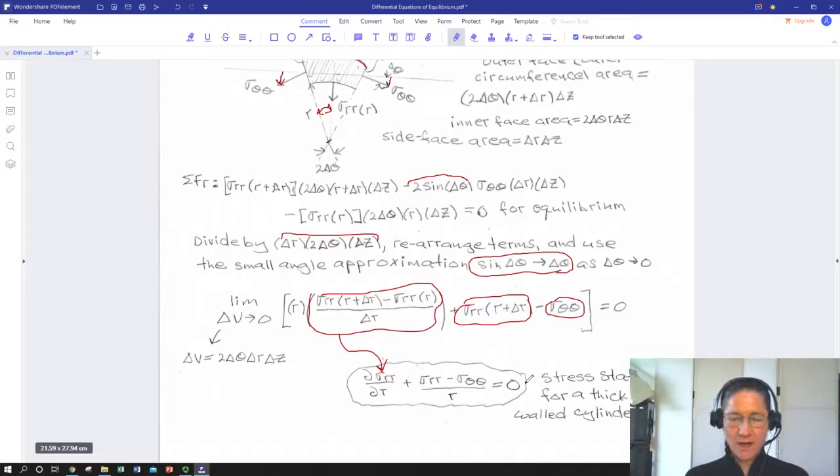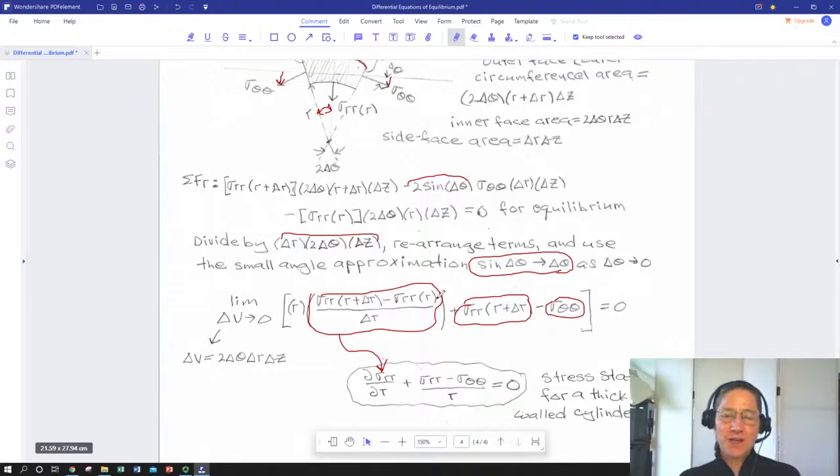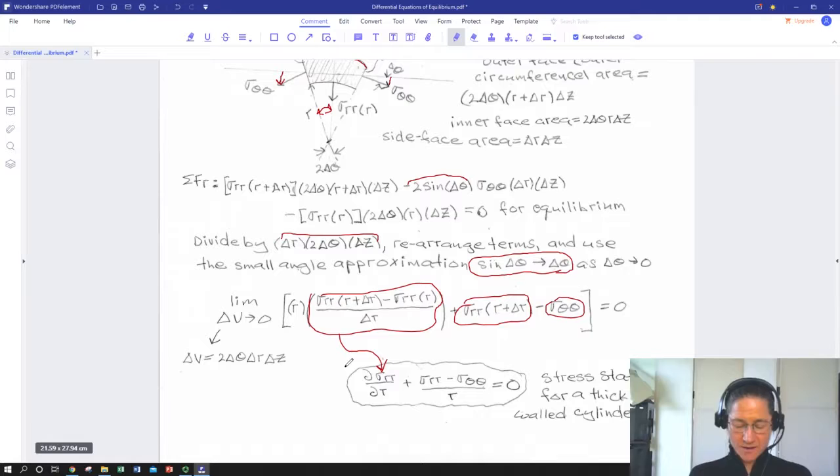We didn't include a body force in this case, so this is just the equilibrium of forces due to stresses on the theta face and the r face. We aren't considering any kind of z theta shear or rz shear in this case.